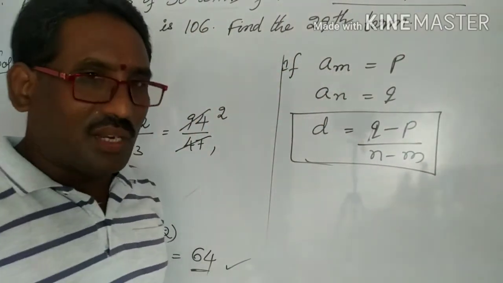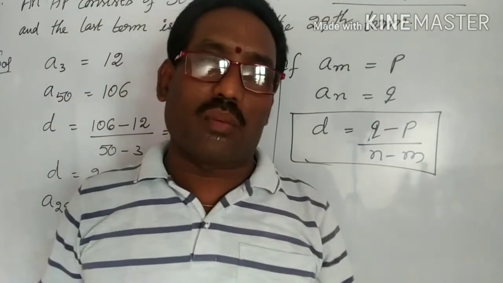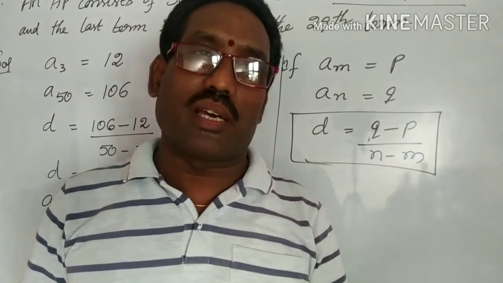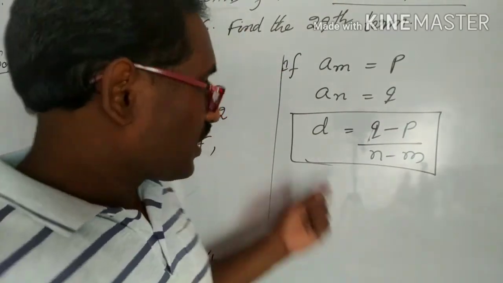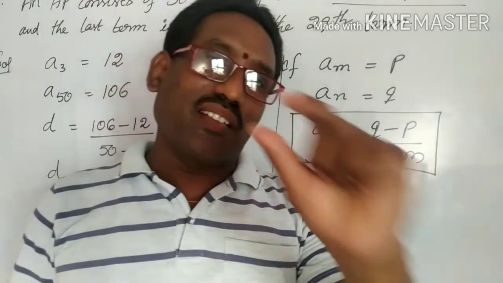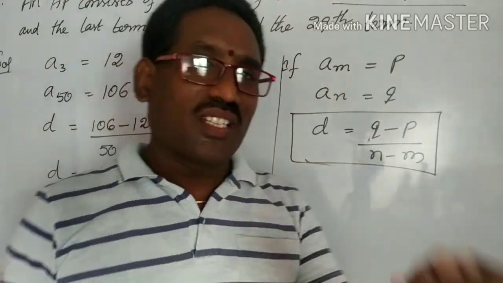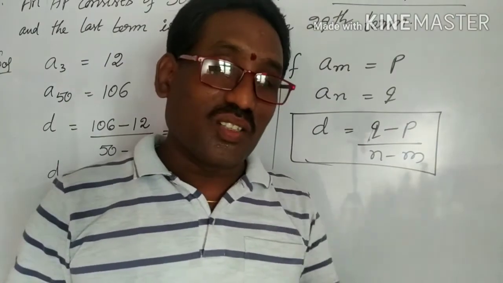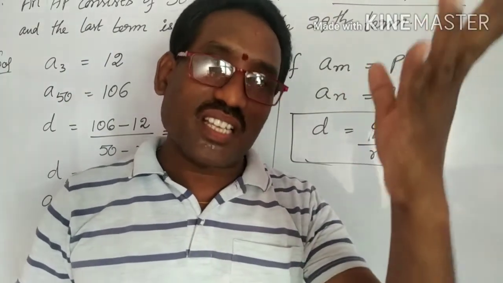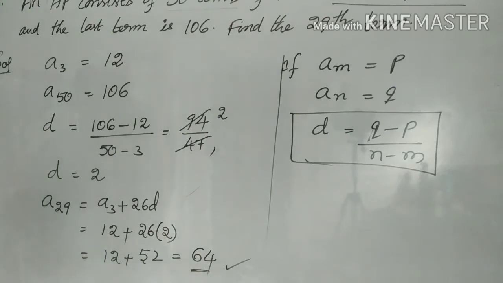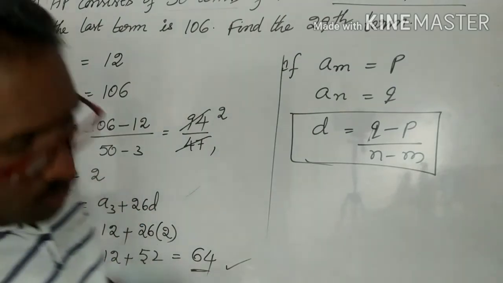If AP is given, common difference is A2 minus A1 or A3 minus A2 or A4 minus A3, like that. This is a very, very easy method. You can solve the problem within seconds. It is useful for competitive exam. Okay children? Everyone, please make a note.